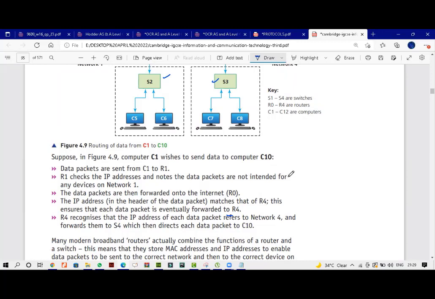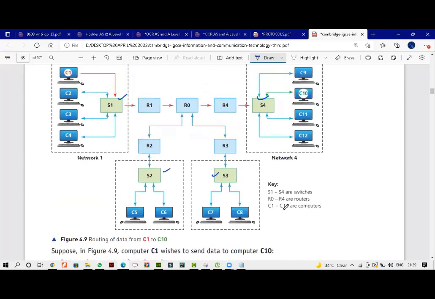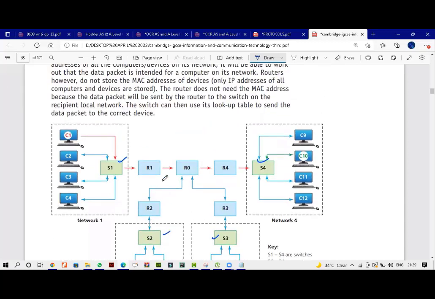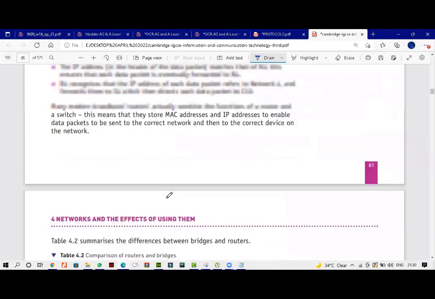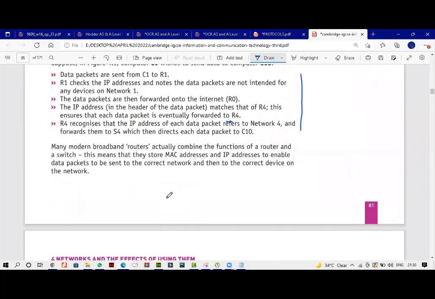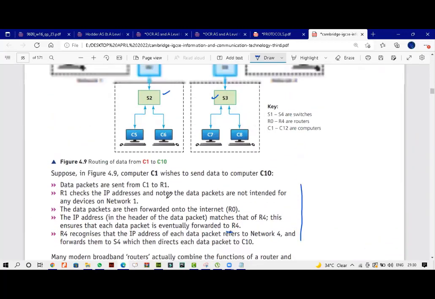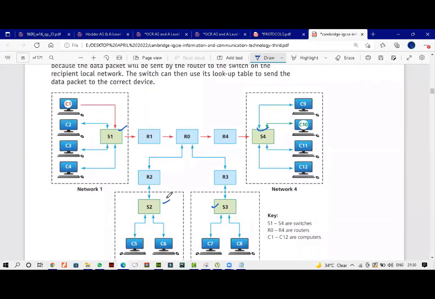They're just mentioning points I did elaborate to you before, the role of computers, switches, and routers. I repeat again, the routing table will be there to tell you the route the data has to go through different routers to reach the destination.